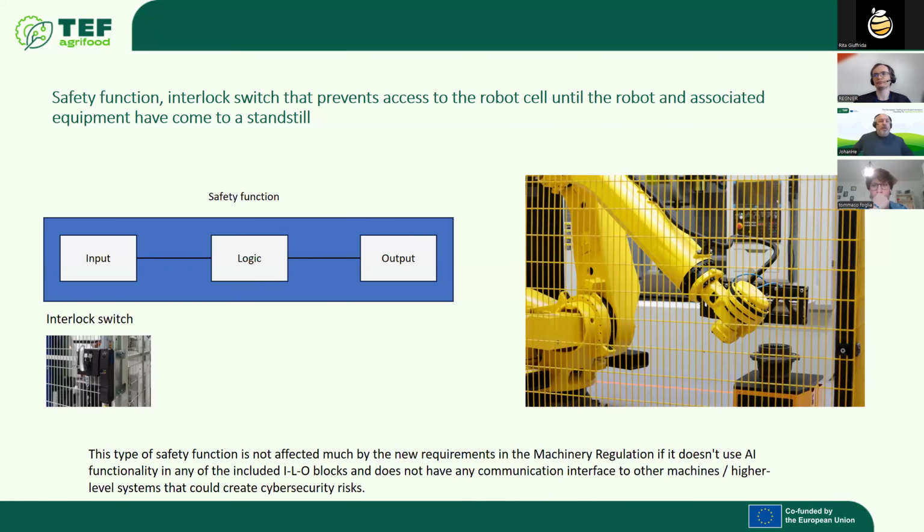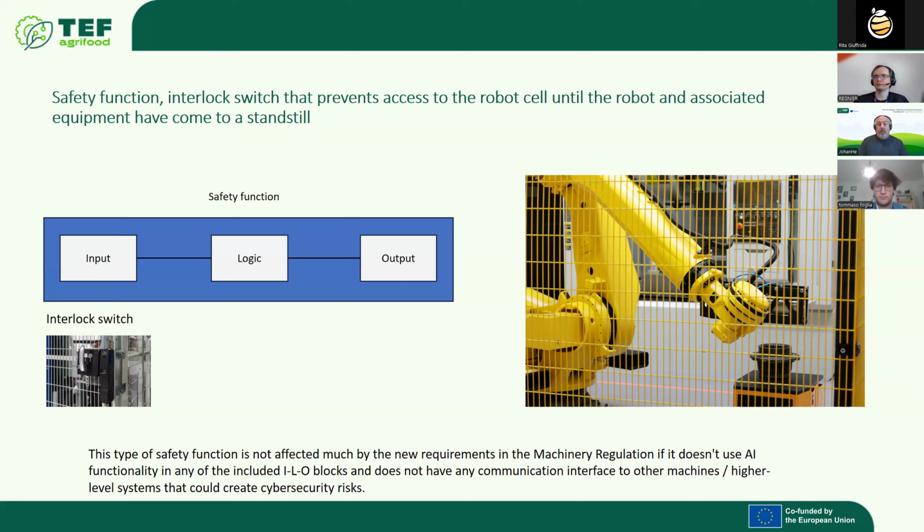Yes, thank you very much. I have focused on those parts of the machinery regulation where there are changes mainly related to autonomous aspects and AI functionality. So first we look into an example where there aren't that many changes. We have a more traditional safety function.